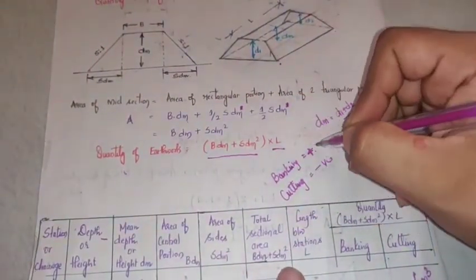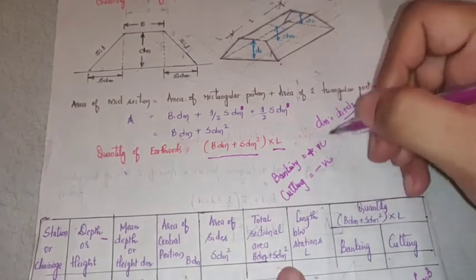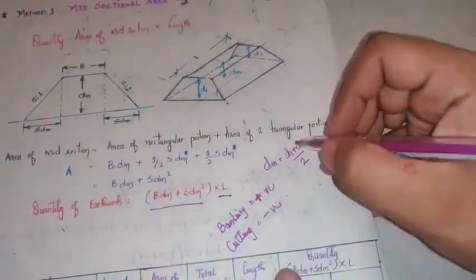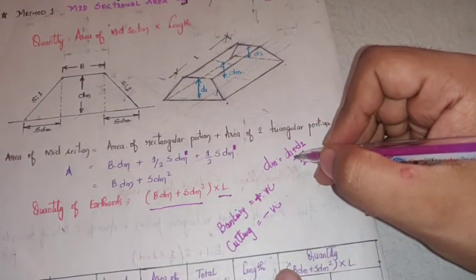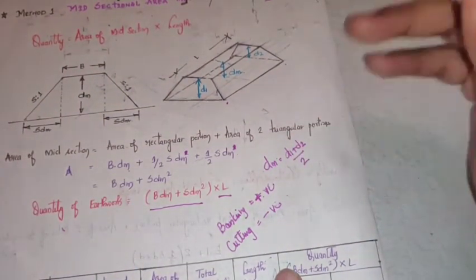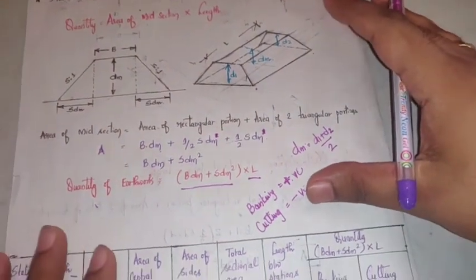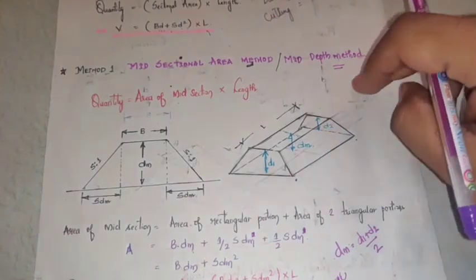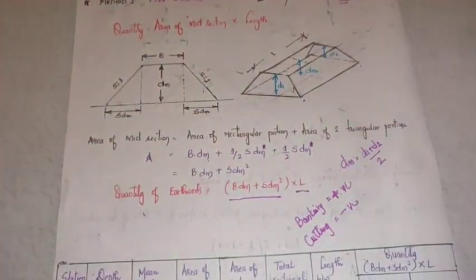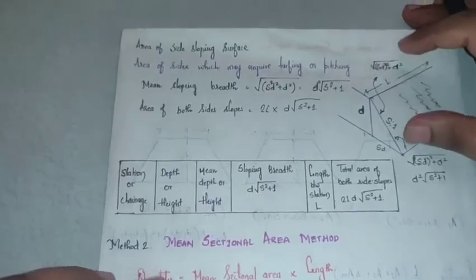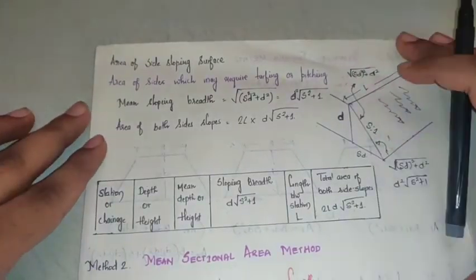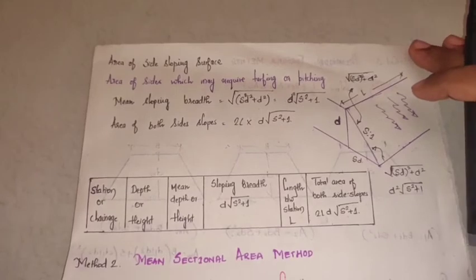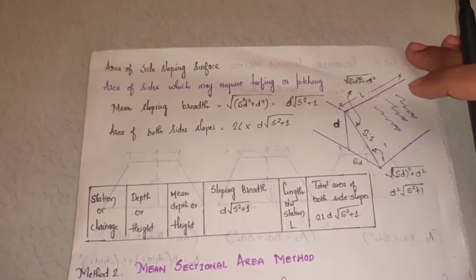Banking is denoted with a positive sign and cutting is denoted with a negative sign. You have to remember this. And mean depth is given as depth at first point plus depth at second point divided by 2. So this is the mid-sectional area method or mean depth method. Hope you have followed this. Okay, so that was all about calculating the earthwork excavation in banking and cutting.